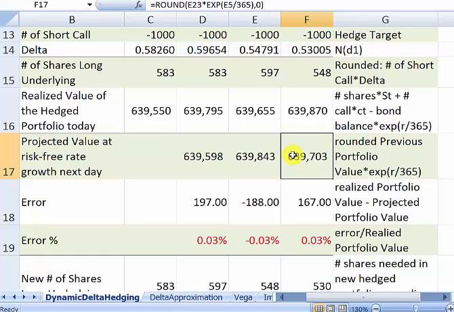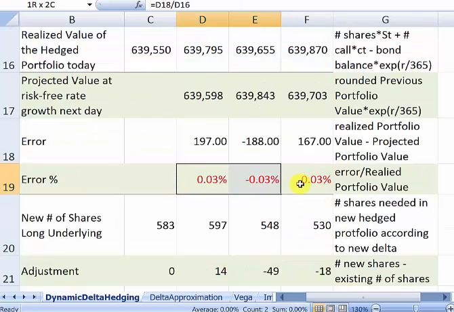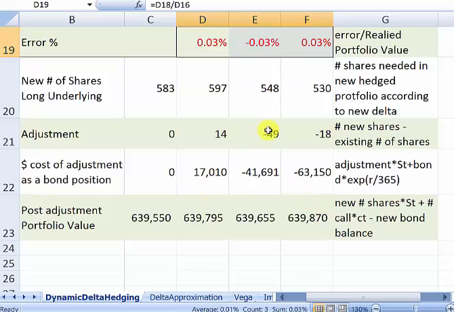Asset minus liability grows at 2.75%. So the point is basically this is a risk-free hedged portfolio, right? Risk-free portfolio is fully hedged, grows at the risk-free rate.